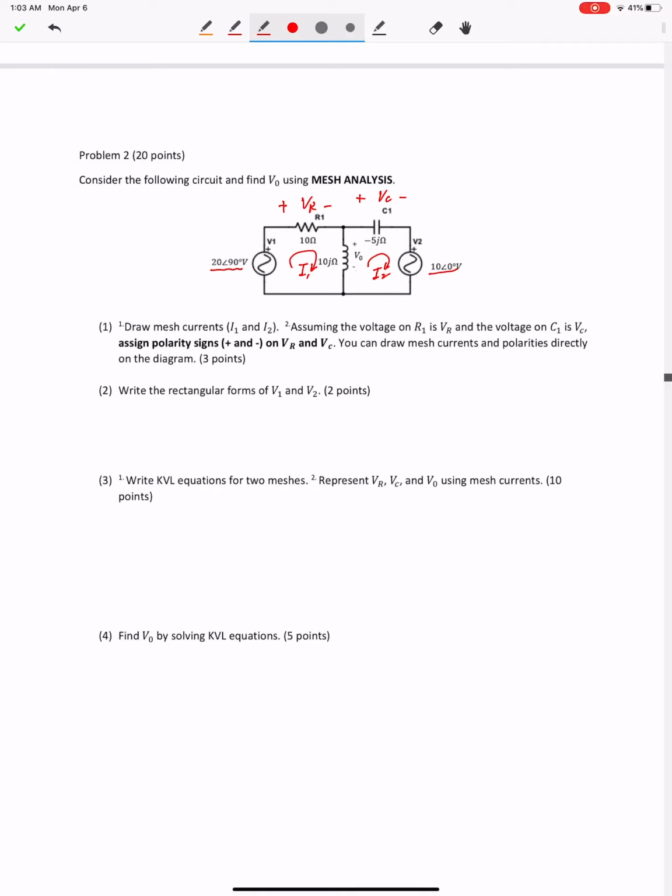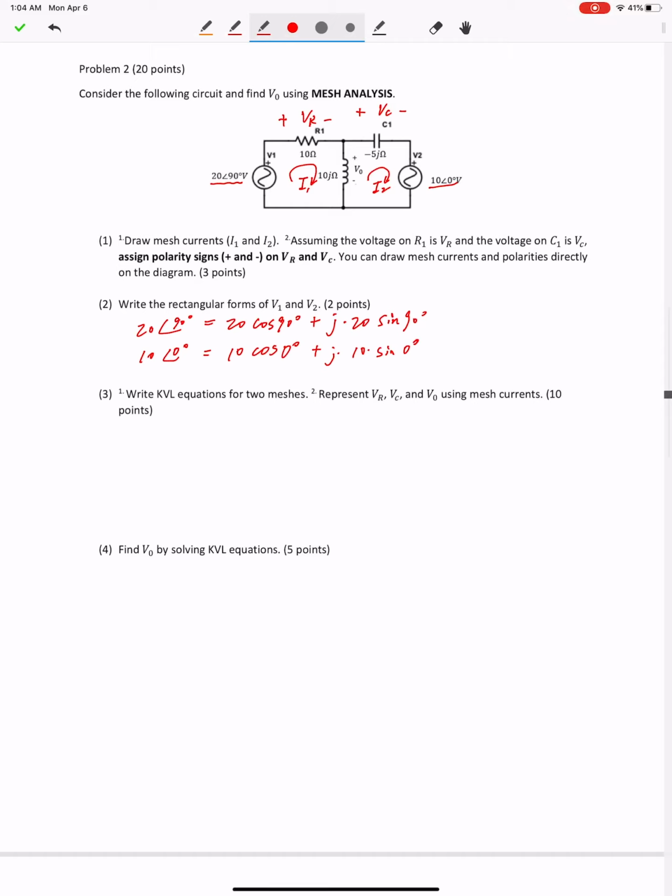So 20 at 90 degrees is equivalent to 20 cosine 90 degrees plus j times 20 sine 90 degrees, right? And you can do this calculation and find the result. For the second one, 10 at 0 degrees is equivalent to 10 times cosine 0 degrees plus j times 10 times sine 0 degrees.